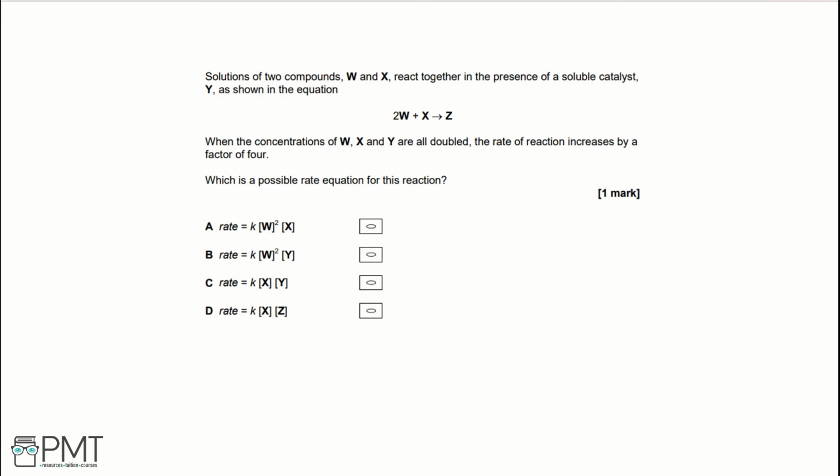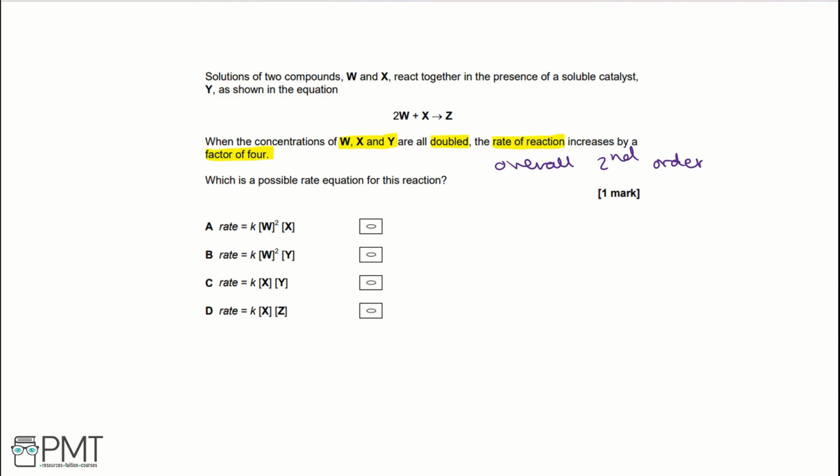The key in this question is that we have the concentrations of W, X and Y. We are doubling their concentration, and the rate of the reaction increases by a factor of 4. So what this means is we want an overall rate equation which is second order. That means we have 2 orders that add up to 2. So when we double them, they'll be first order each, or one will be second order and the other one will be zero order.